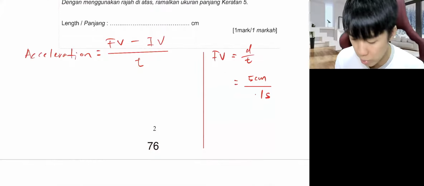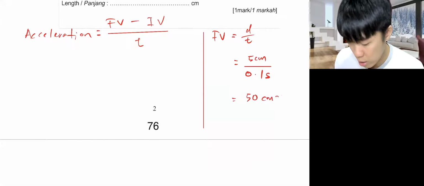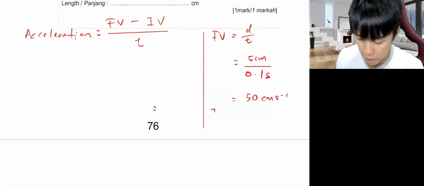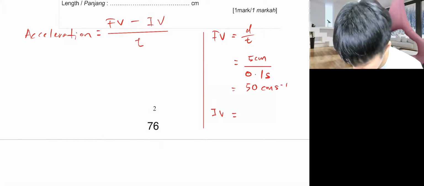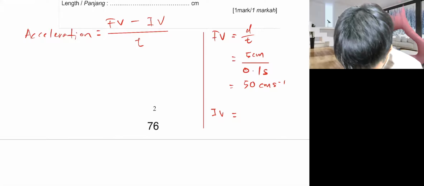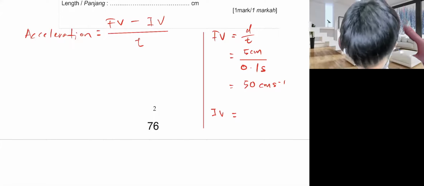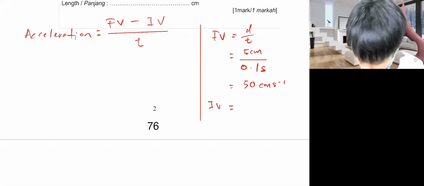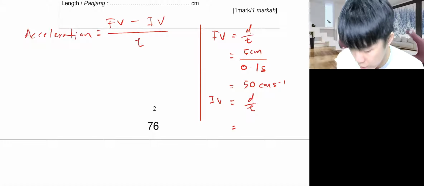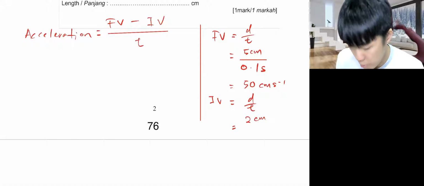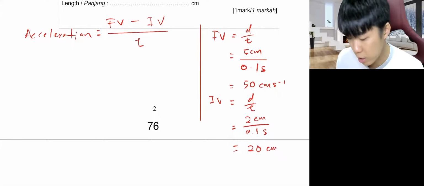It's 0.1, 5 strip 5 ticks, so that will be 50 cm s^-1. Initial velocity is the first one, distance over time. The first one is 2 cm over 0.1 second. So that's equals to 20 cm s^-1.